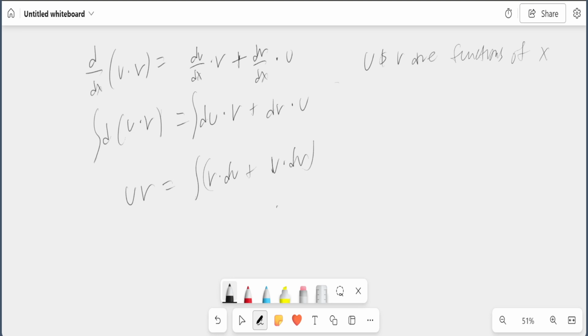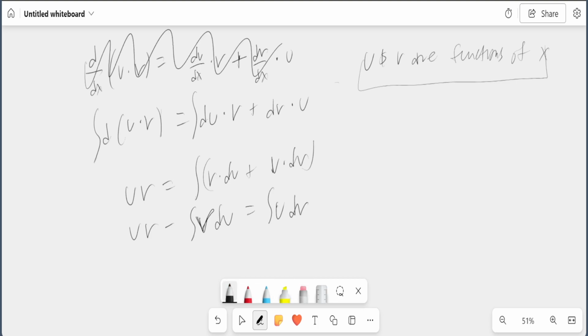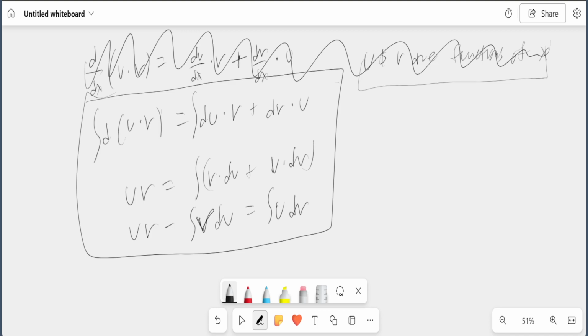So u dv is equal to uv minus v du. Does that make sense? You don't even have to say this, but I would do it anyways, just because they need to be related functions. But almost all functions you can make related just by making up a variable, so it doesn't really matter. Anyways, if you're in a hurry, you can skip all this and just say this. There it is. Okay, what's next?